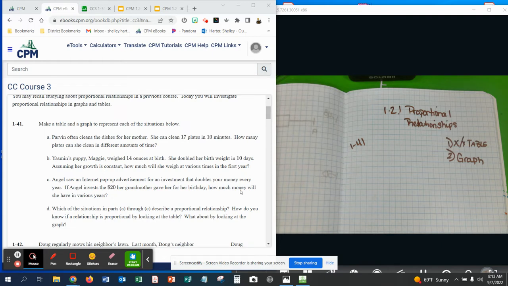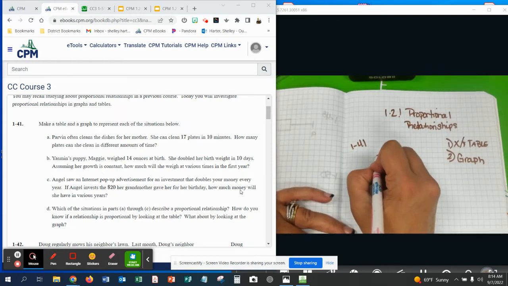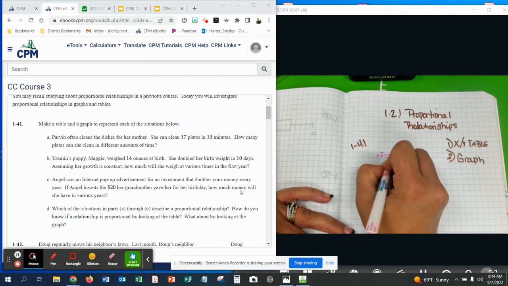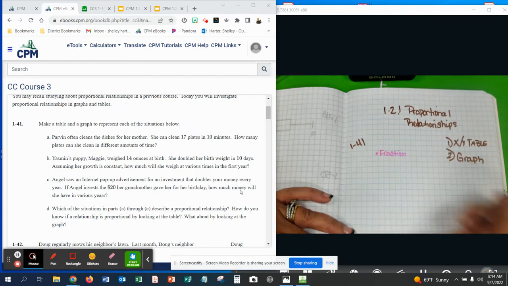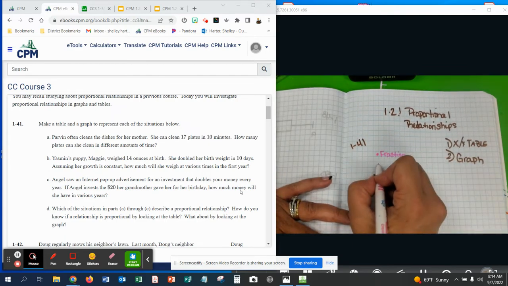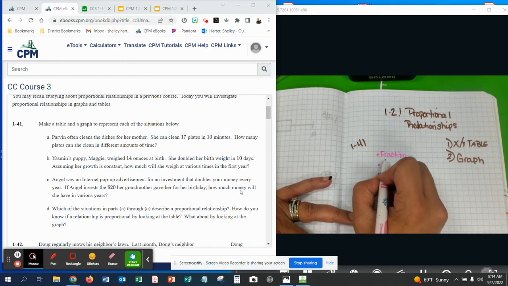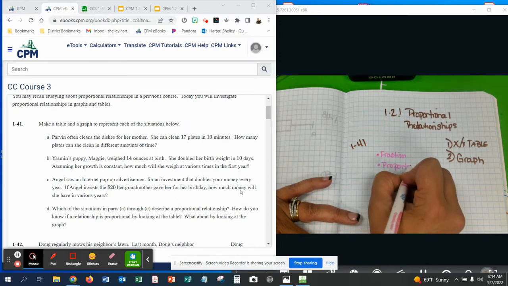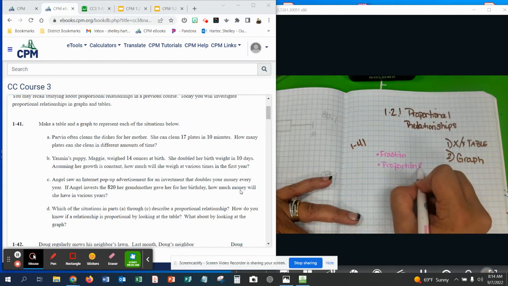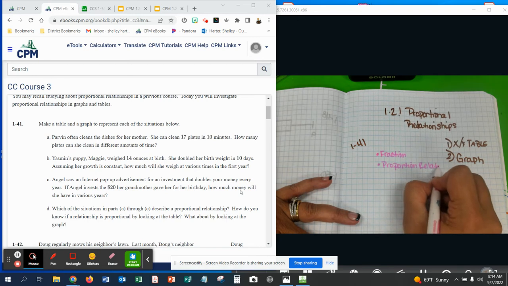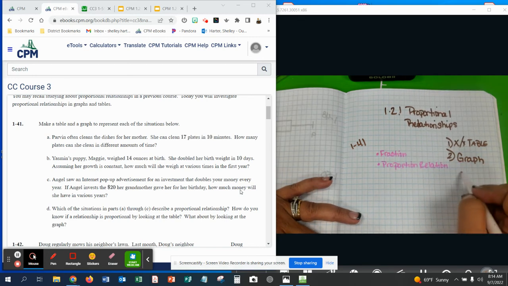Now, a proportional relationship usually starts out with a fraction. You could do it as a fraction as well. Another thing you should know is that a proportional relationship, when you look in the X and Y table, never has anything in the 0 box. Like it doesn't have 5 here.